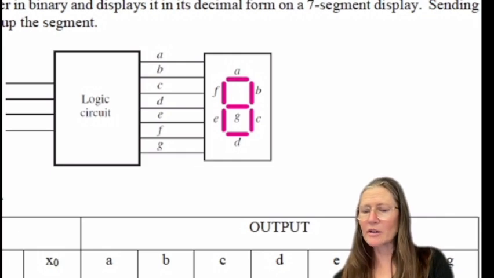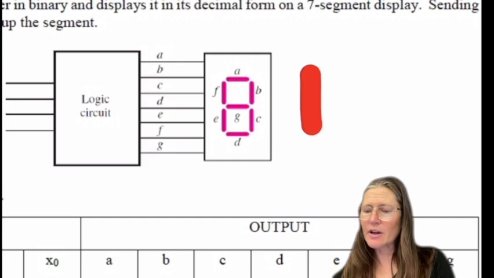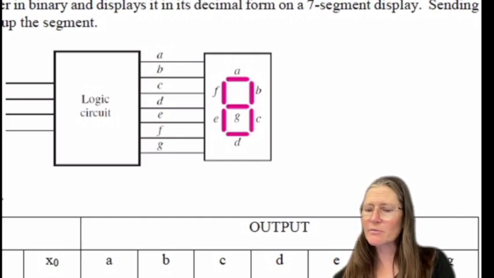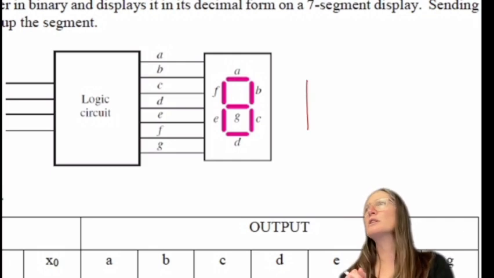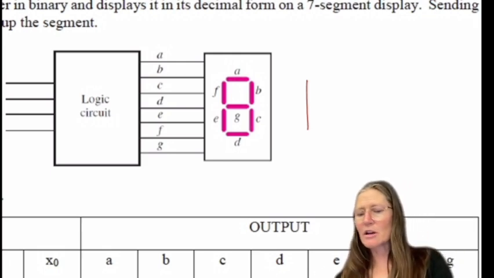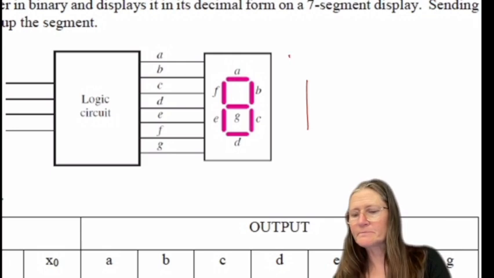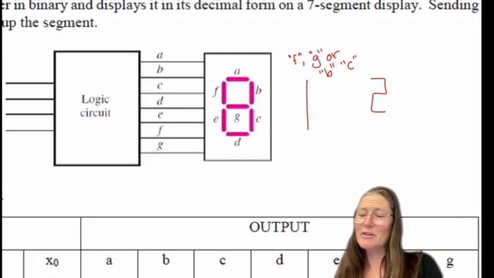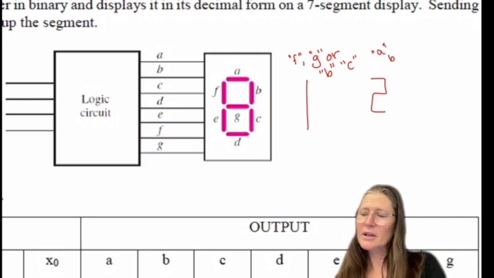So if I want a 1, I could do F and E to give me a number 1, or you could do B and C, depending on which side you wanted it on. So that would be F and E or B and C lights that would need to be 1. To do a 2, this would be A, B, G, E, and D.